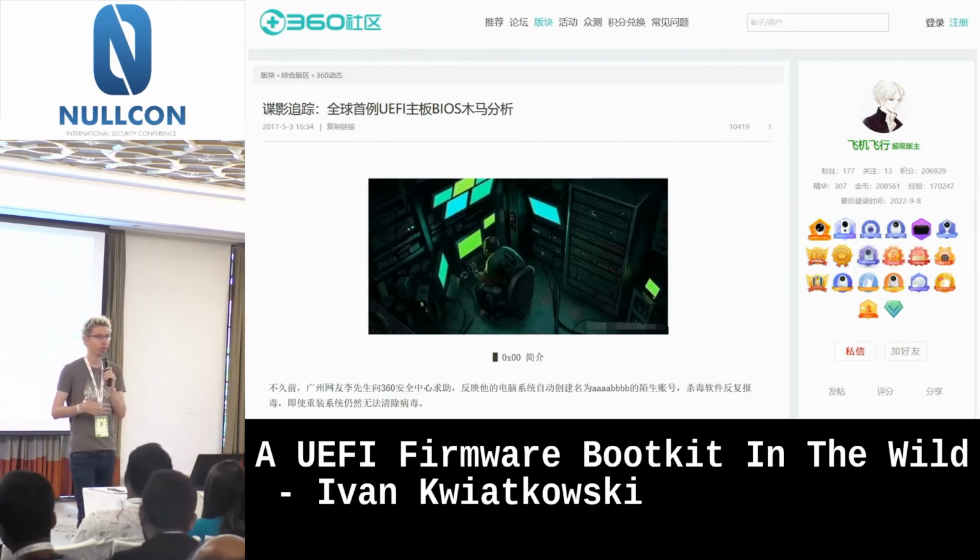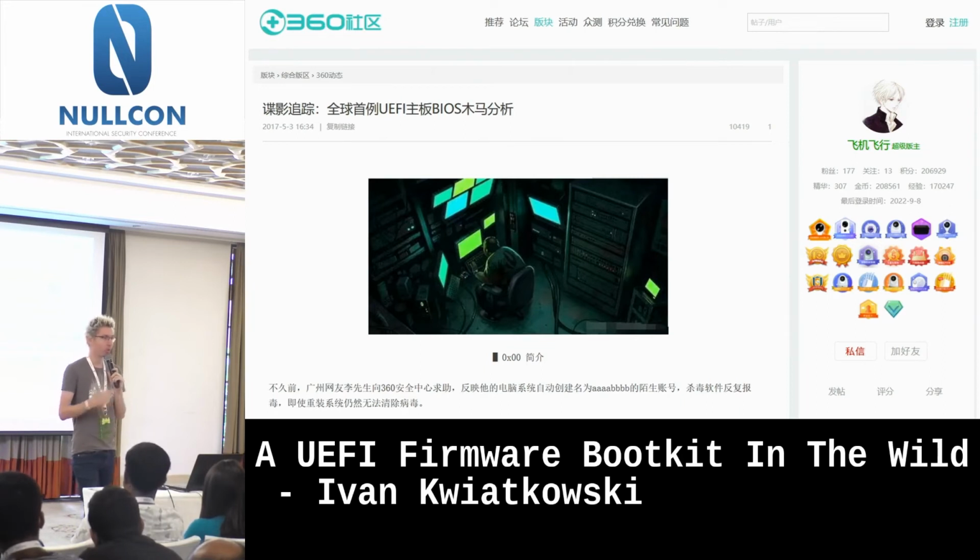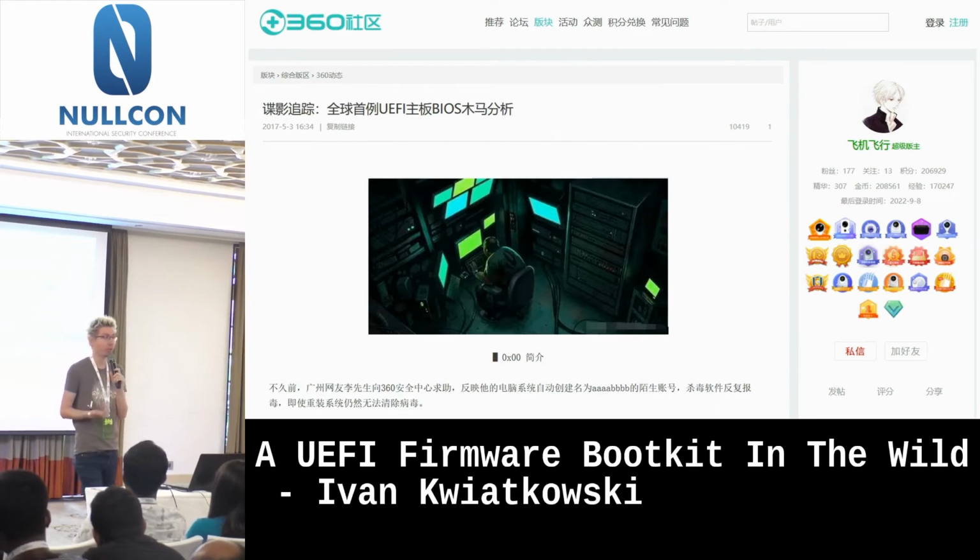So some guy went online, they bought a motherboard online, and when they received this motherboard, it's possible that it was pre-installed with CosmicStrand. So of course we are unable to confirm this information, but I think it's very interesting because it hints at a possible attack scenario, for which we have no idea at the moment.